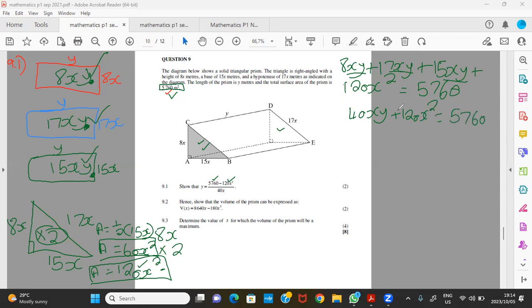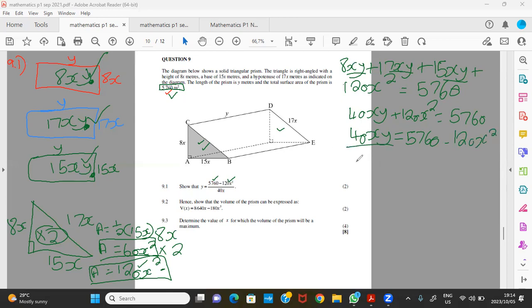From here, I'm just going to make y the subject of my formula. So I'm just going to do a nice calculation. I'm going to isolate the 40xy because it's the only term that has a y in it. Then I'm going to have 40xy is equal to 5,760 minus 120x squared.